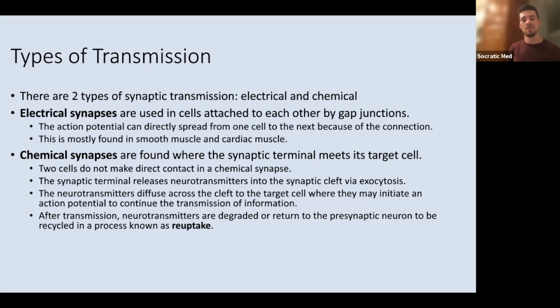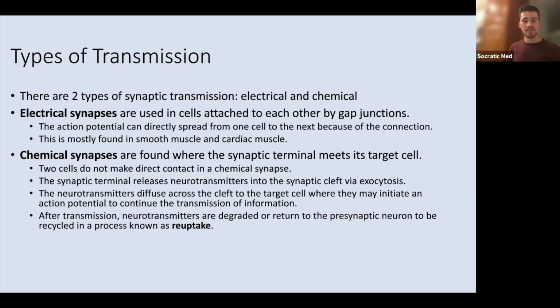It allows muscle to contract uniformly. Right, it's mostly found in smooth muscle cells and cardiac muscle. Gap junctions and electrical synapses are also responsible for coordinating muscle contractions during childbirth, for example. The action potential can directly spread from one cell to the next because of the connection.